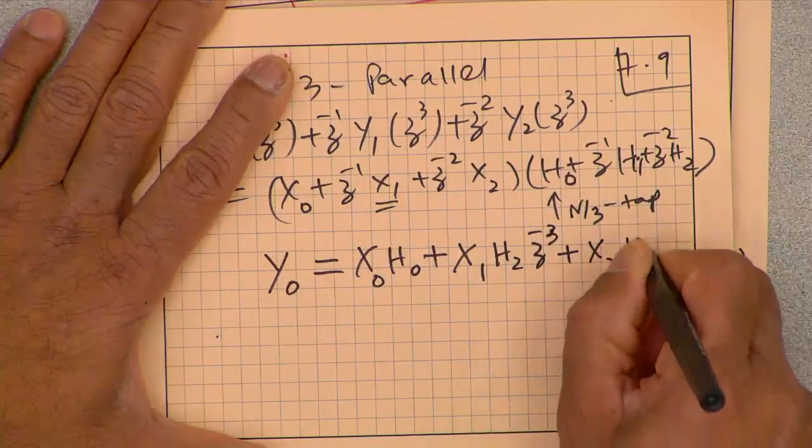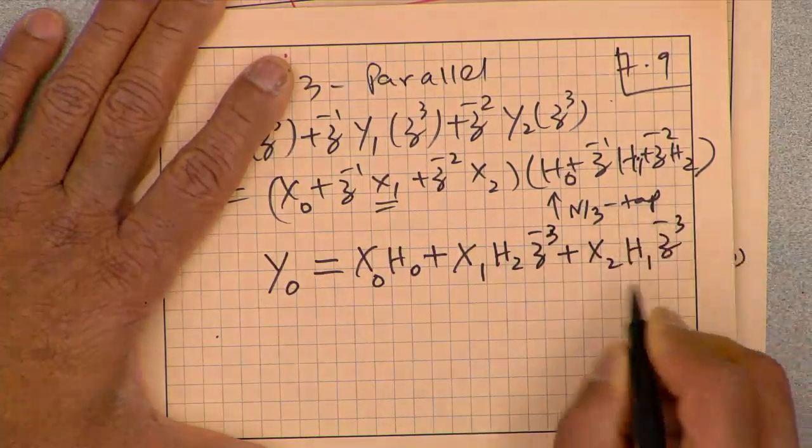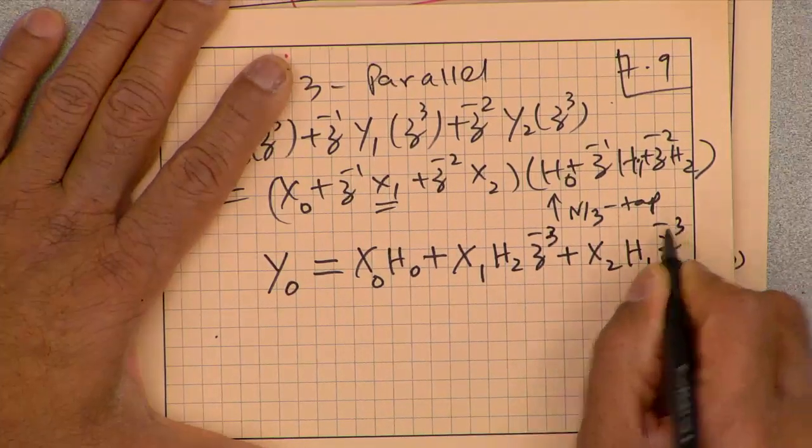Similarly, I can see 2 plus 1 minus 3. So 2 plus 1 minus 3 is 0.